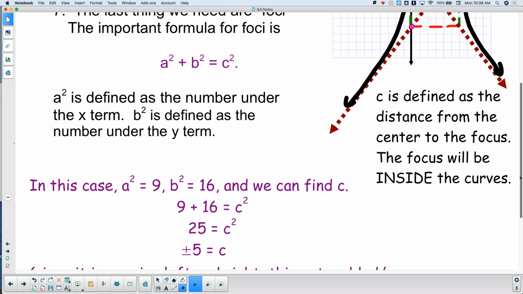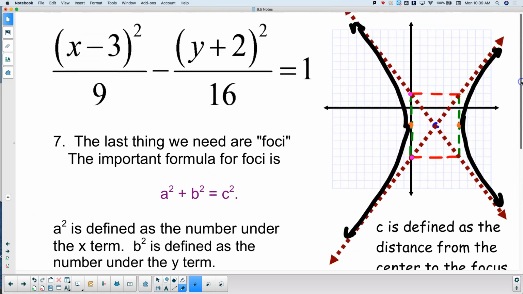is 5. So if I go back up to my graph, the foci are inside each individual curve. So the distance to the focus is going to be left and right. 1, 2, 3, 4, 5 is going to be one focus. 1, 2, 3, 4, and 5 is my other focus. So there are my two foci because they're inside the curve.